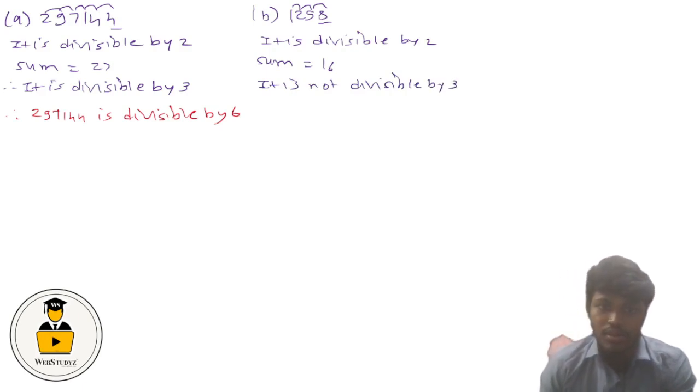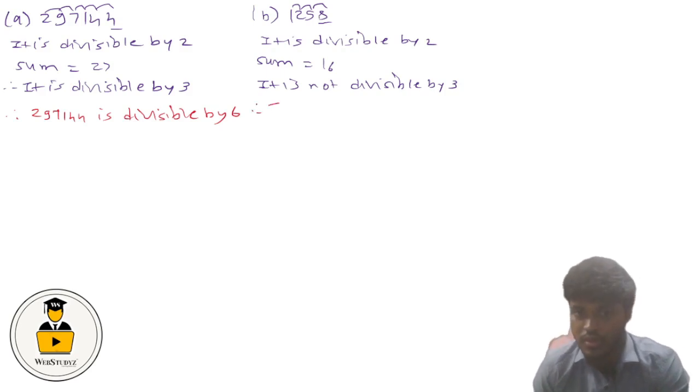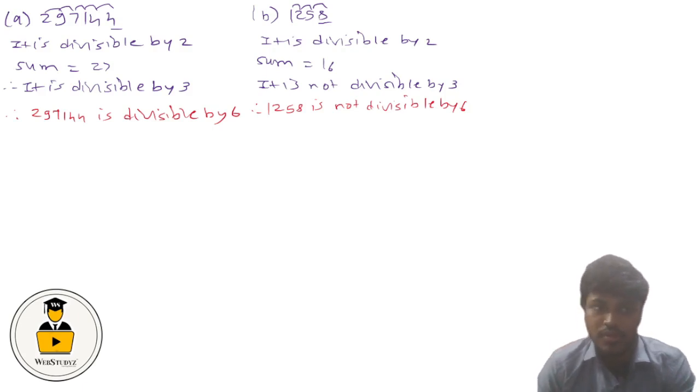Now, since it is not divisible by 3, the number 1258 is not divisible by 6. In order to be divisible by 6, the number has to be divisible by 2 as well as 3. Here it is divisible by 2 but not by 3, so we can say that it is not divisible by 6.